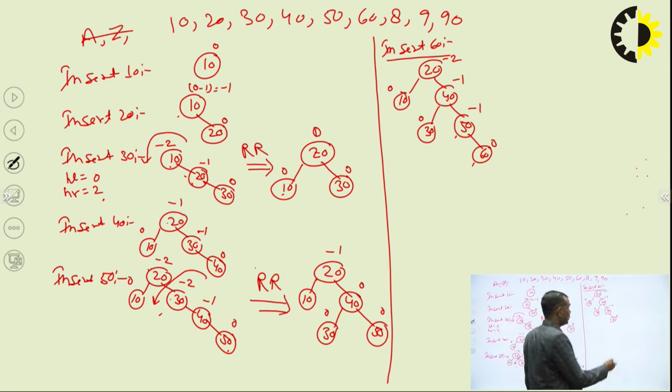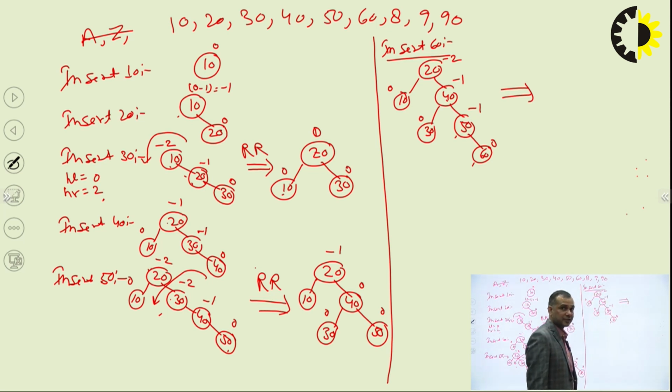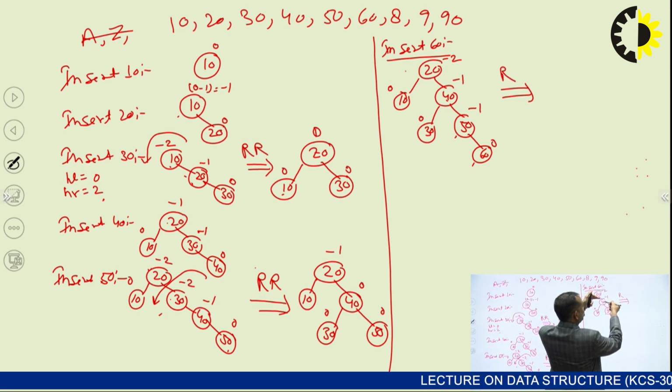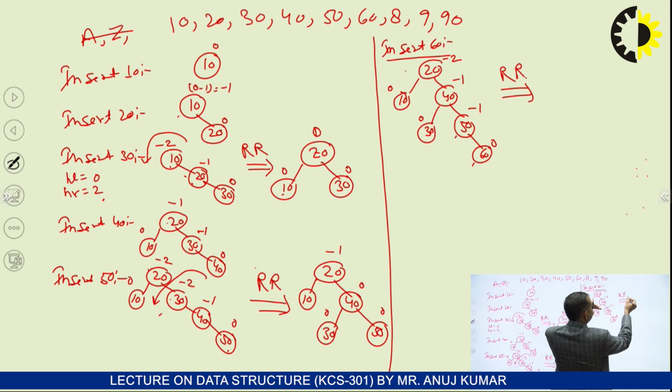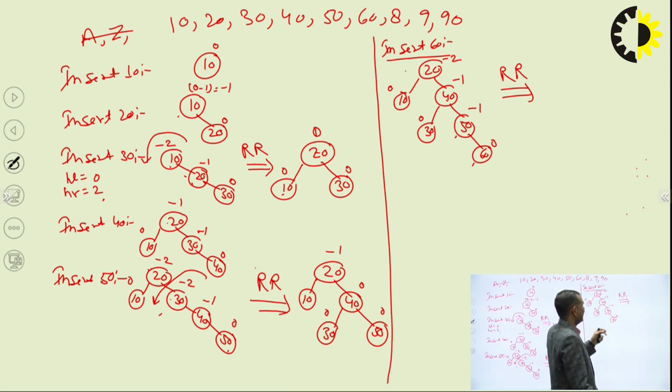Before inserting the next element, we have to apply the rotation. The node whose balance factor changed is 20, and the element inserted is 60. So it is 20's right to right, but we consider only the first two: the element was inserted in 20's right to right.